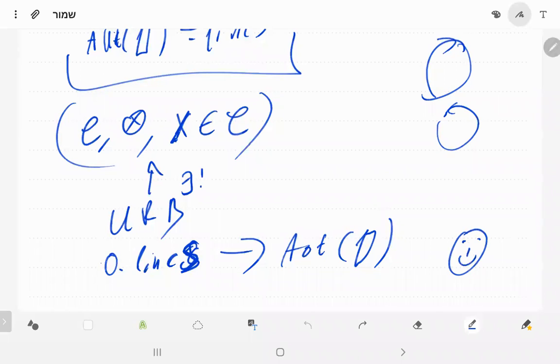We get an invariant, maybe not numerical, but some interesting invariant.